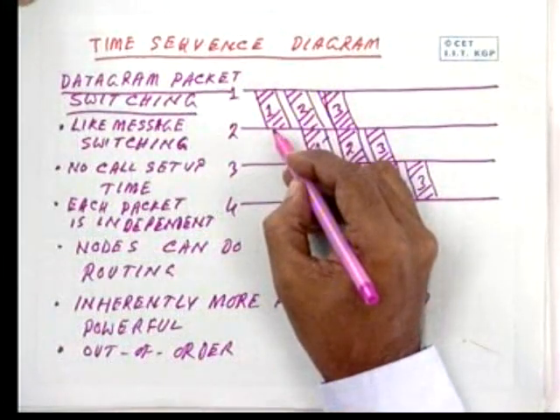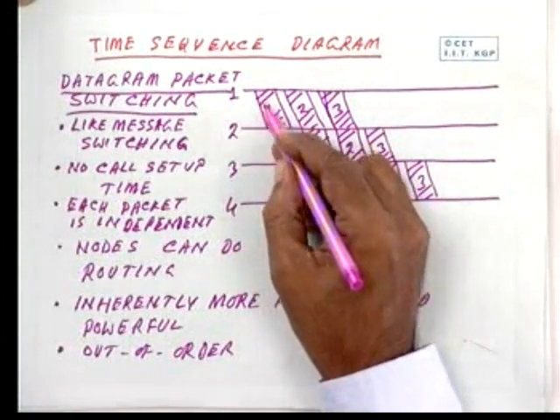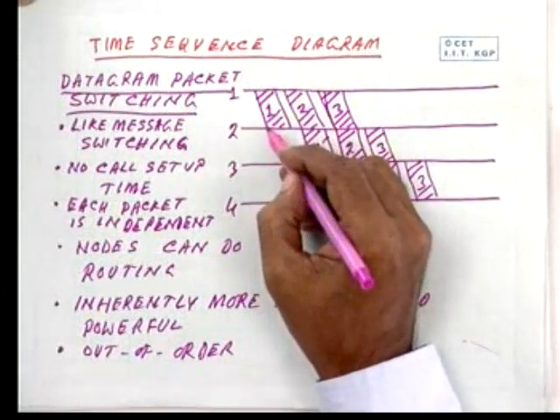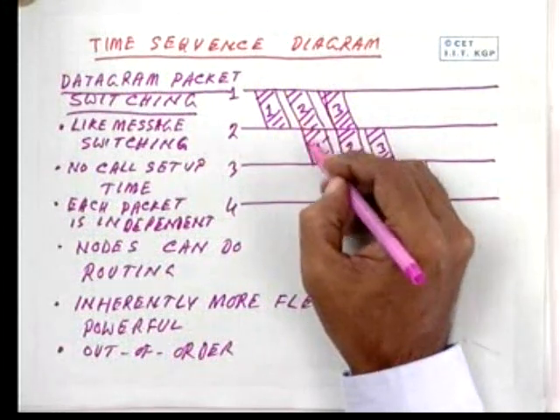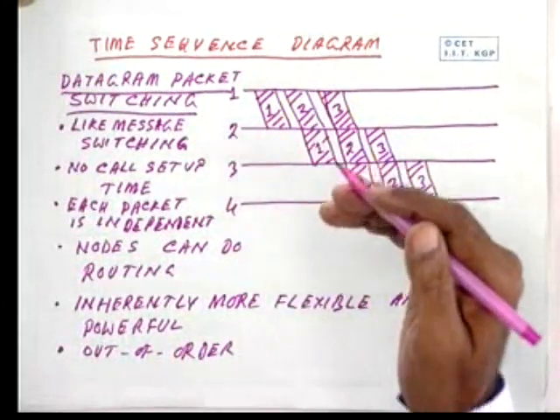On the other hand, in datagram packet switching, from node 1 to node 2, you may be transmitting at one speed, but from node 2 to node 3, depending on the type of link you are using, you can use different speed, different technology, so it may be necessary to do code conversion.